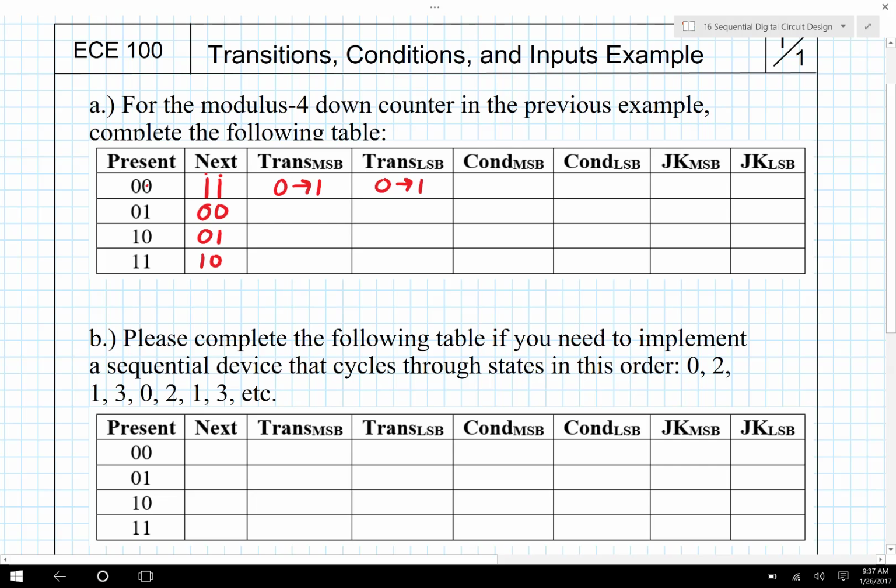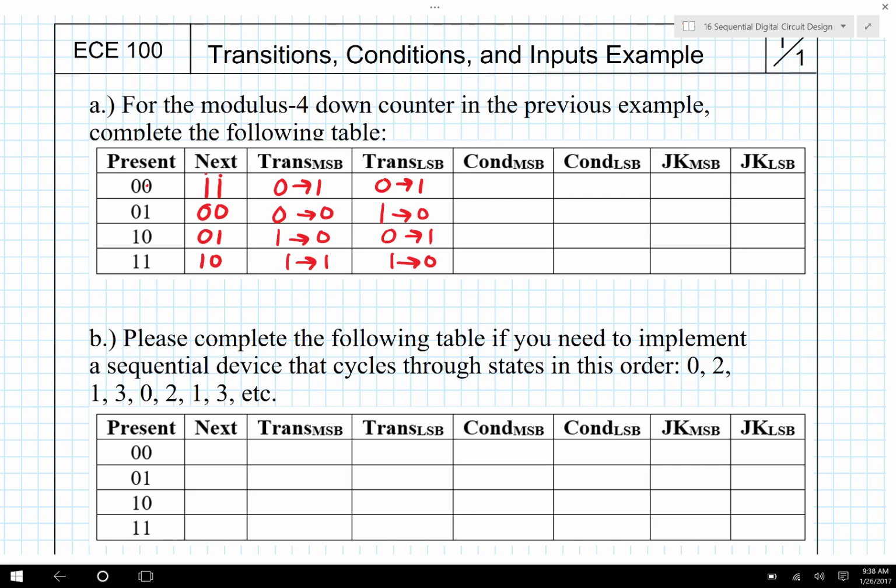Looking at the most significant bit in the next value, that's a 0 to a 0, and a 1 to a 0 for the least significant bit. A 1 to a 0, and a 0 to a 1, a 1 to a 1, and a 1 to a 0. So you're just basically splitting it up into the two bits and considering the transitions for each bit.